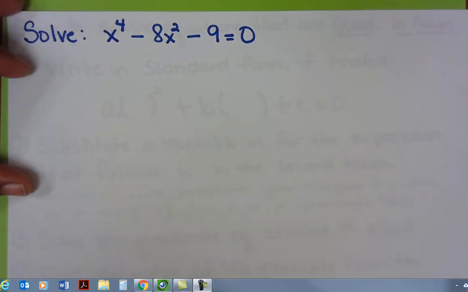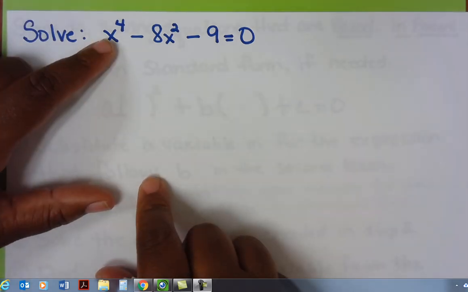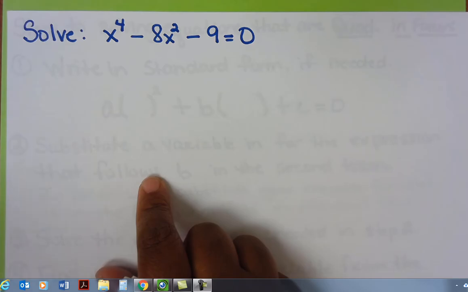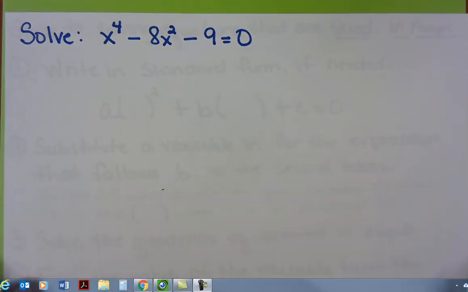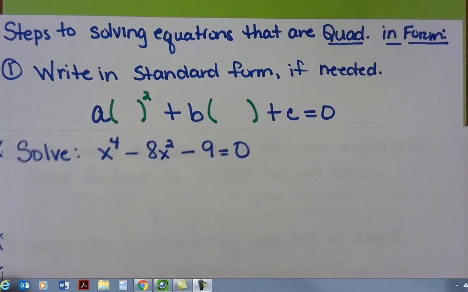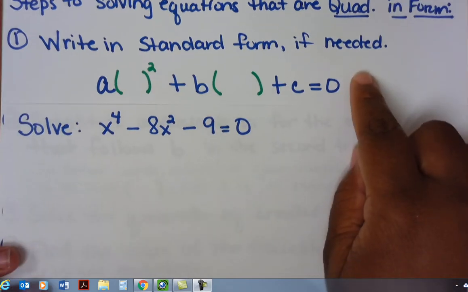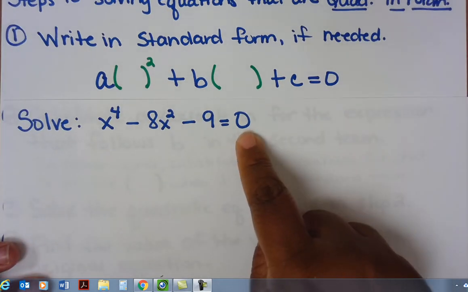And we want to rewrite this equation where the highest power is going to be 2 and not 4. So number 1, again, make sure our equation is in standard form, and it is equal to 0.